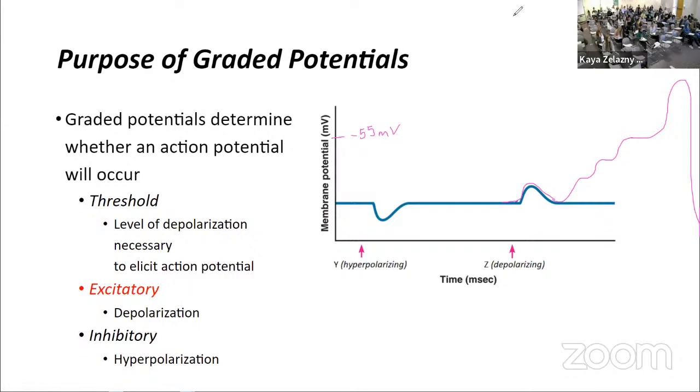Inhibitory is in the other direction, okay, but the same kind of idea. All right, so our threshold up at -55. To inhibit something, like to not have a reaction to something, for a neuron, that means to be less likely to fire off an action potential and to talk to the next neuron in our chain or our muscle cell. So to inhibit the action potential, it means our membrane potential is getting farther away from that threshold.